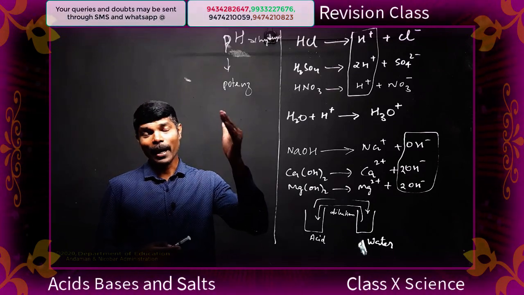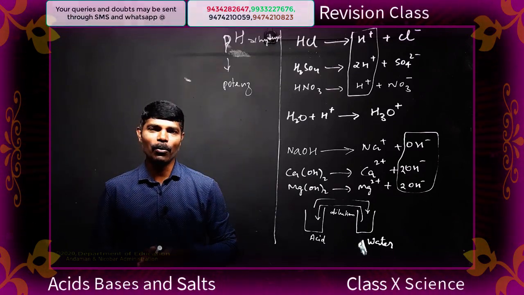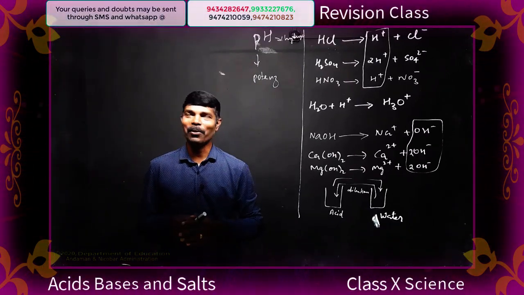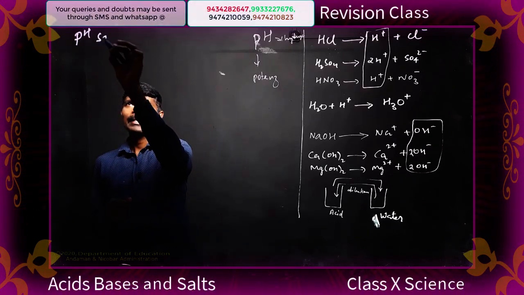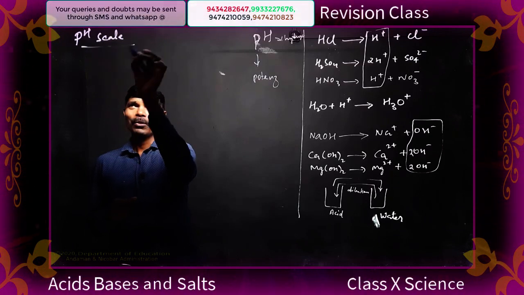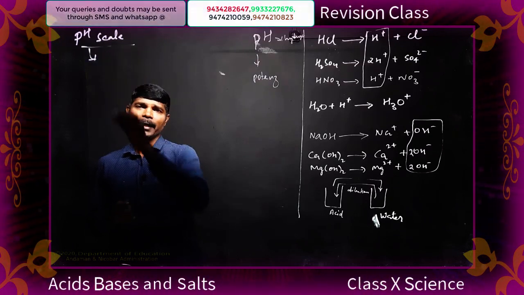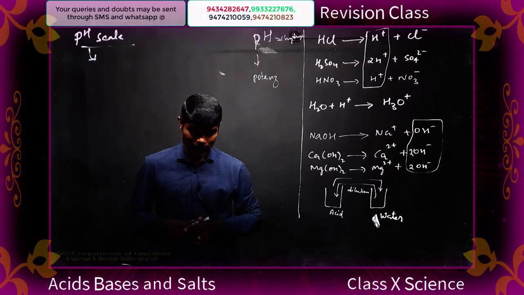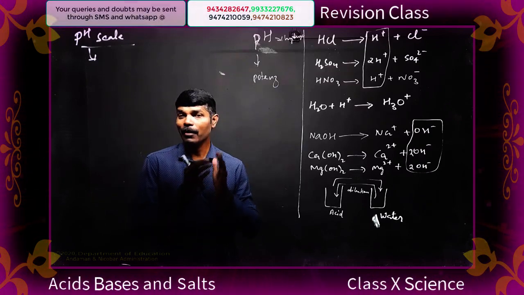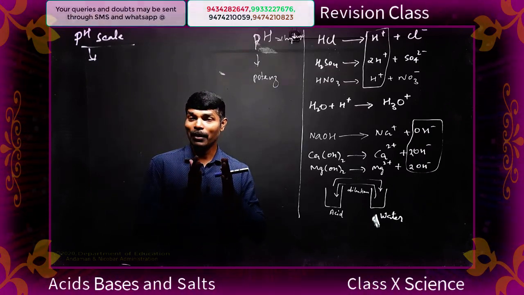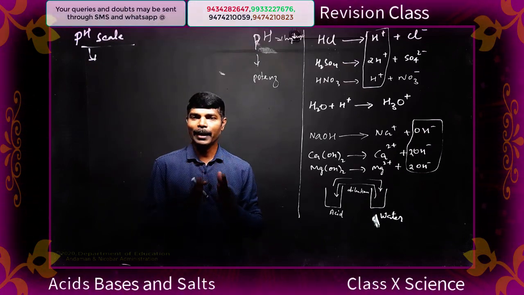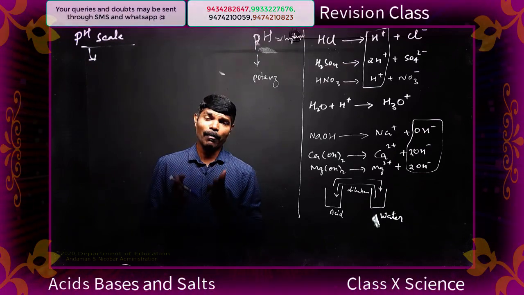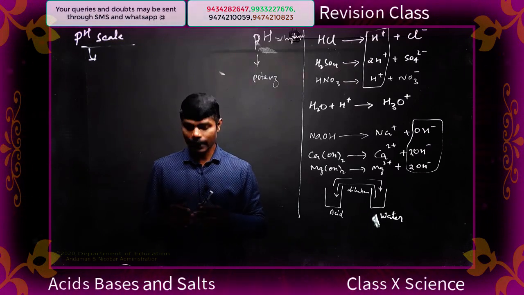This hydrogen ion concentration can be found out by using another scale called the pH scale. The indicator we use is the pH indicator, or pH paper, which can be thought of as a universal indicator. By using the universal indicator, that is the pH indicator, we can find the strength of the acid and base.